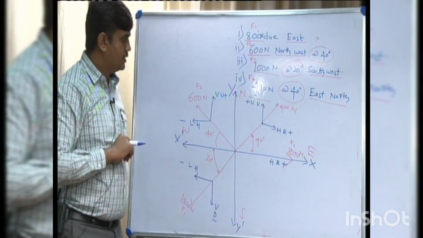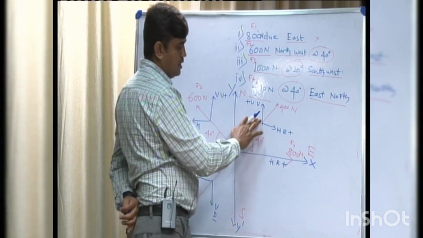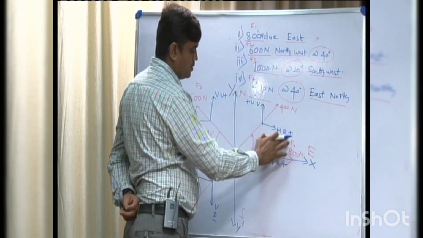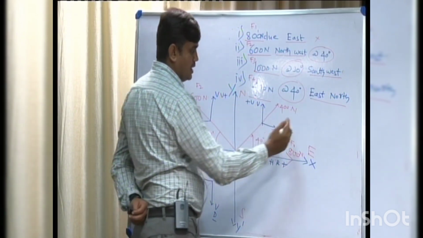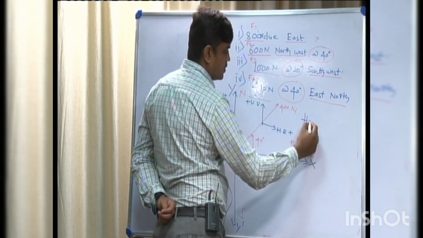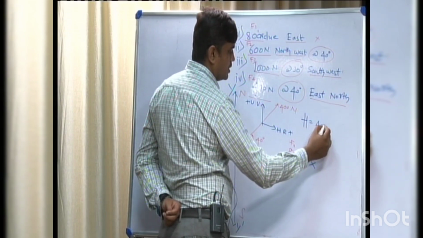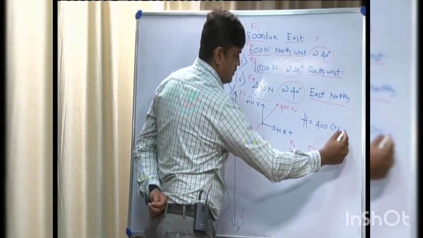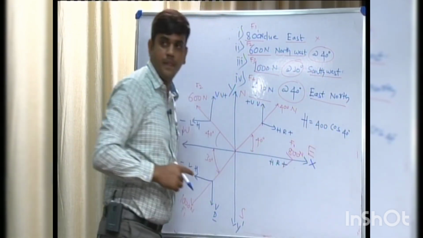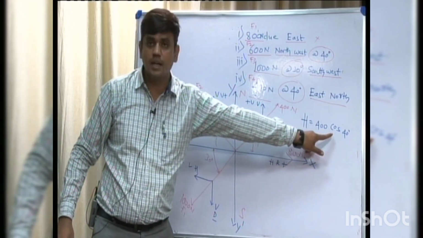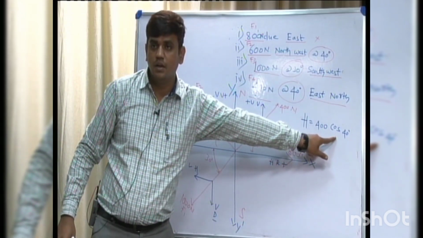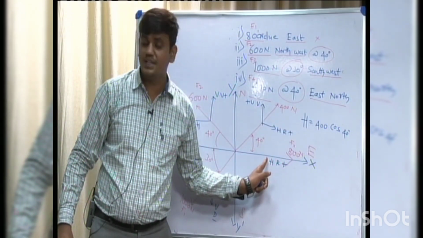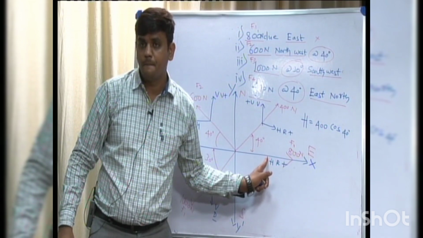And since it is located in the first quadrant, both are positive, making an angle with the x-axis, our horizontal force will be 400 Newton cos 40 degree. This you have to write carefully. Why is it cos? Cos is because this angle is with the x-axis.